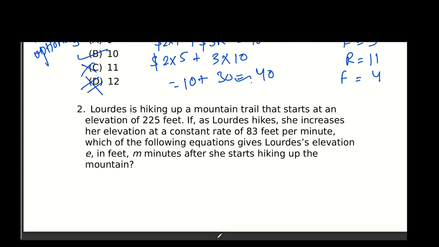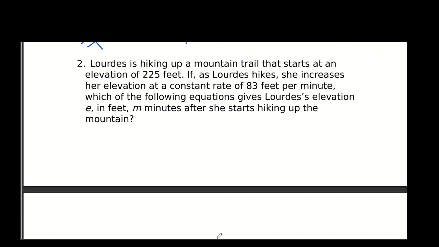The next question is: Lourdes is hiking up a mountain trail that starts at an elevation of 225 feet. So there is one person hiking up a mountain trail that starts at an elevation of 225 feet. That is the initial elevation.